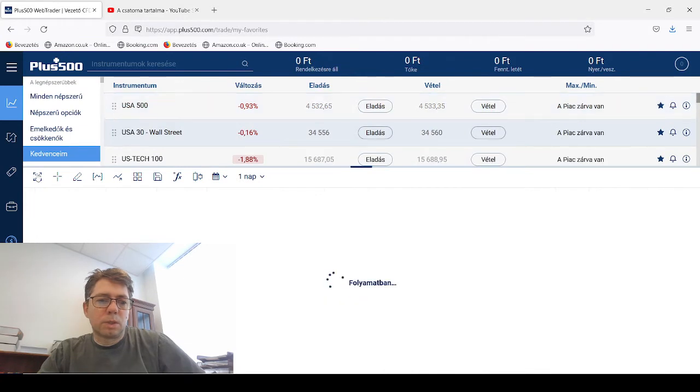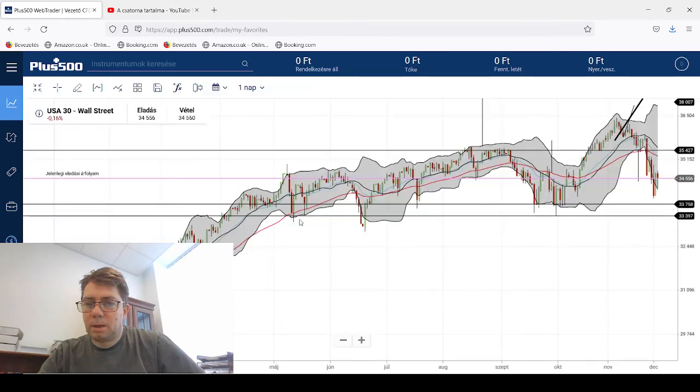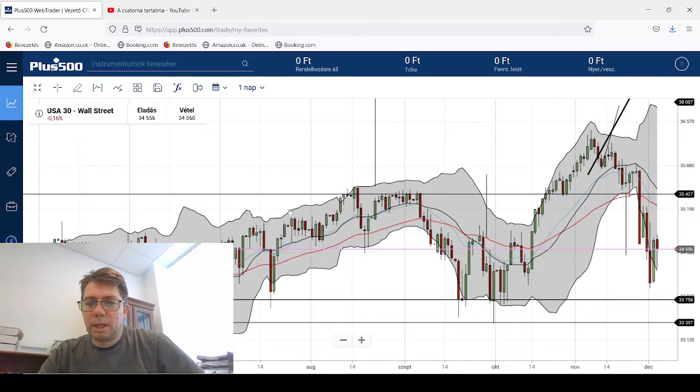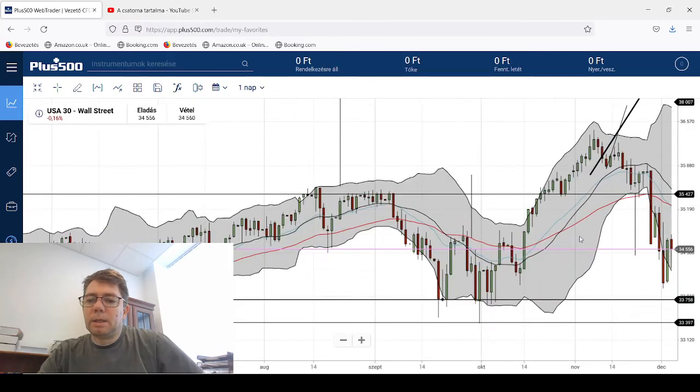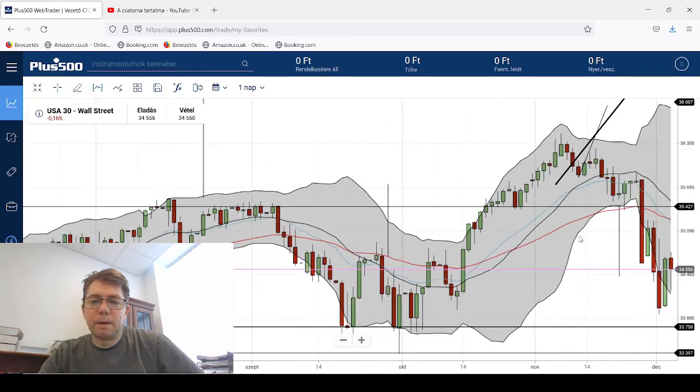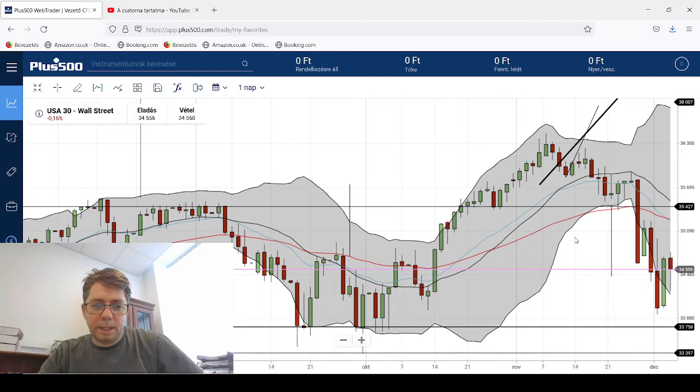Dow Jones, daily chart on the Dow Jones. We broke below this area, previous all-time high, and below the 50-day EMA, and that's not a good sign. Right now we are spending time here.